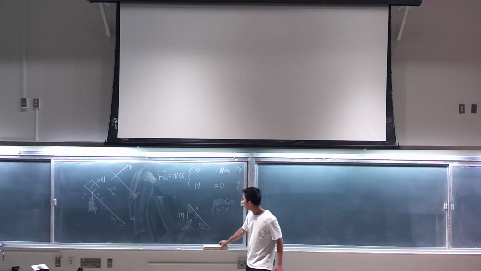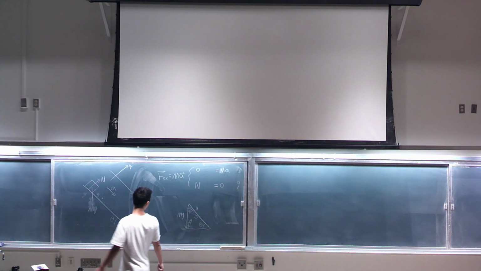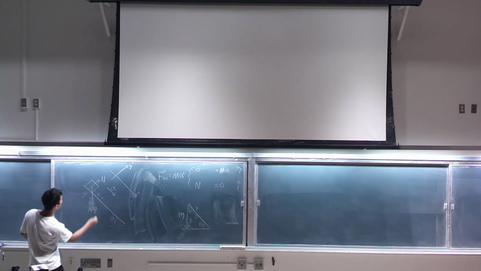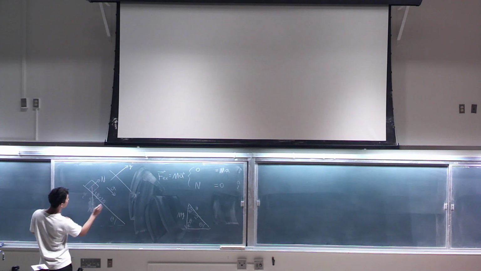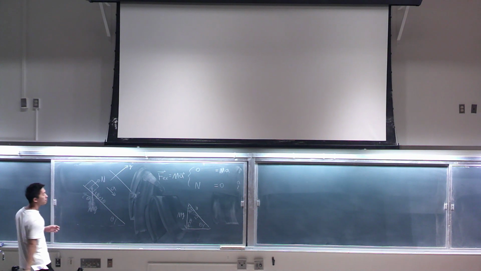Okay. Good. Now, where is this angle here? In here. This angle, 90 minus theta, is the angle between the x component and gravity. So here is 90 minus theta, and they are perpendicular here. So here is theta.